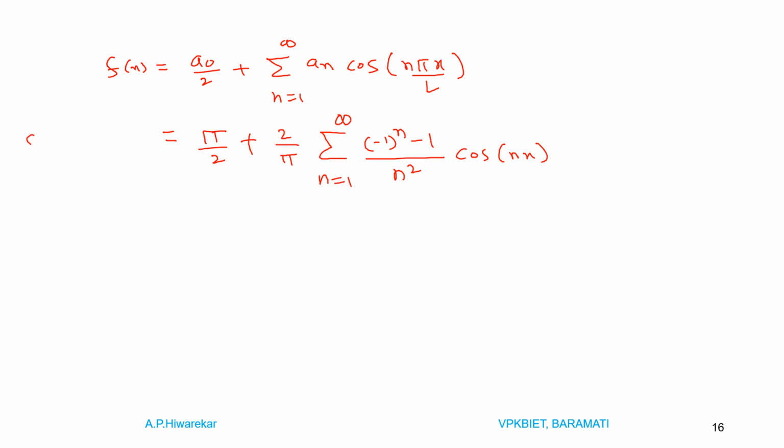So that is the value of f(x), which is given by x, and the interval is 0 less than or equal to x less than or equal to pi. So that will be our final answer. That is the Fourier cosine series for the function f(x) equal to x in the interval 0 to pi.